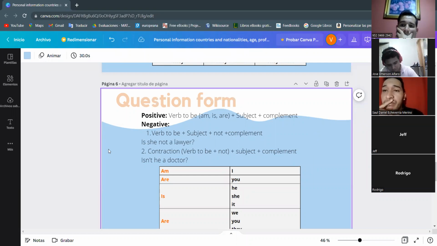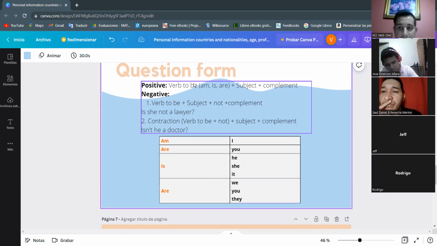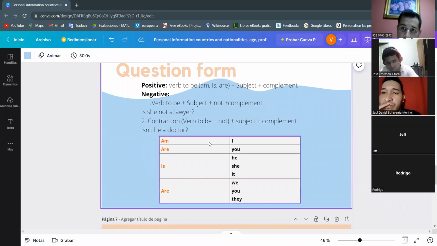Good. Okay. So for this one, we just switch the order of the sentence. Like you see here, the verb to be goes first and then the subject. For example, Rodrigo, if I want to ask you if you are a student, how would that question go?